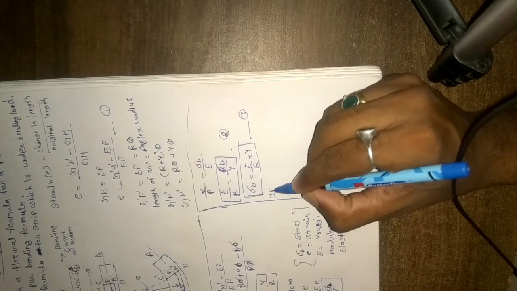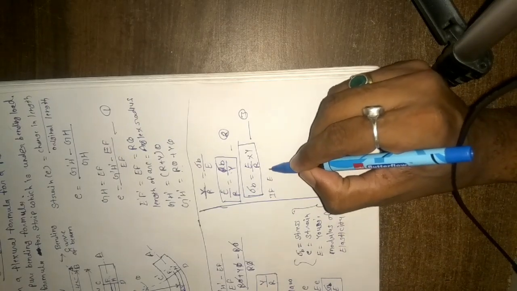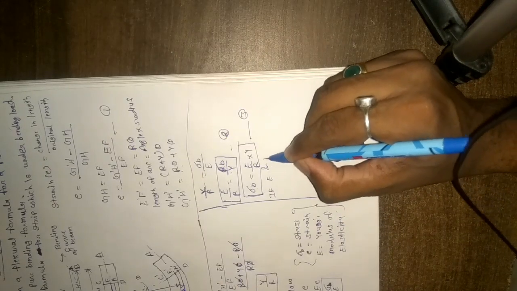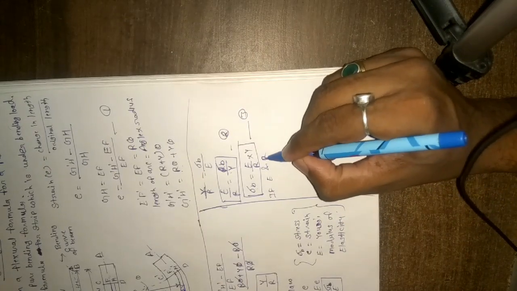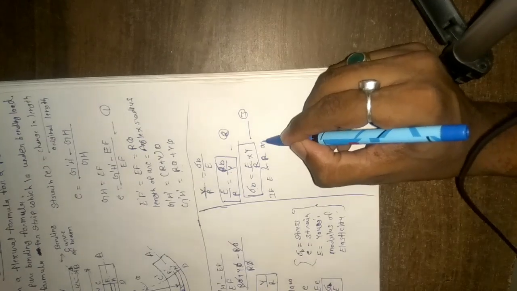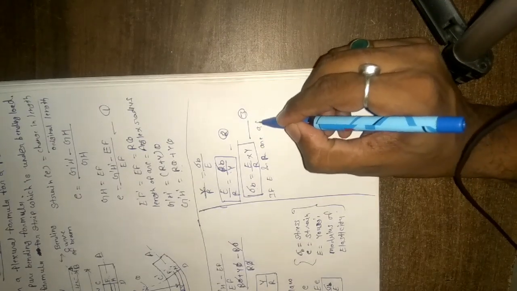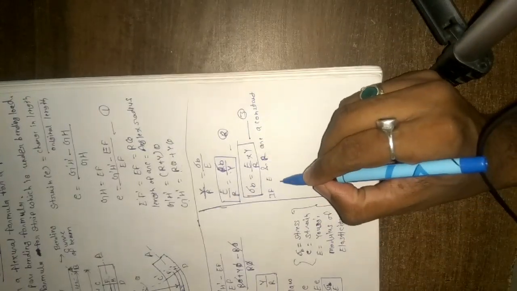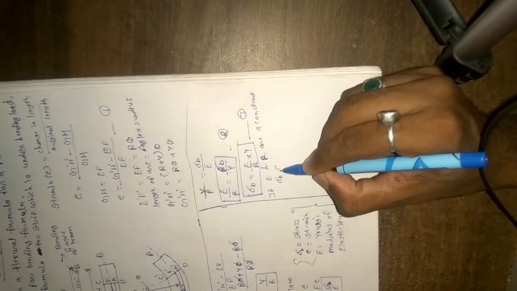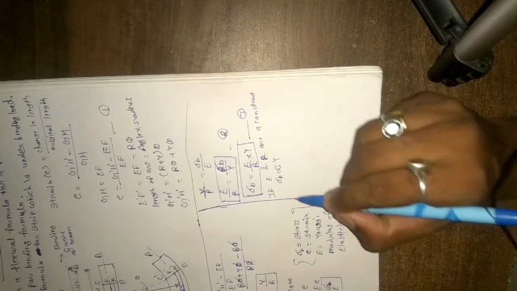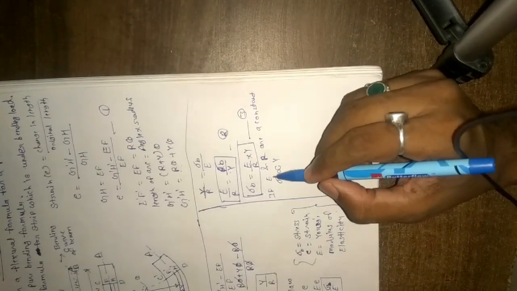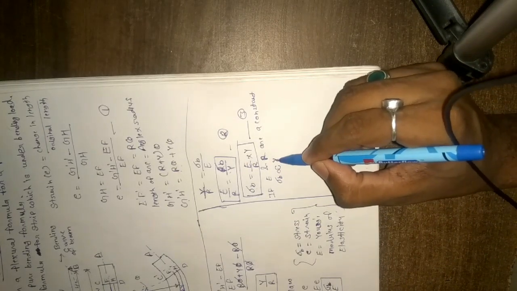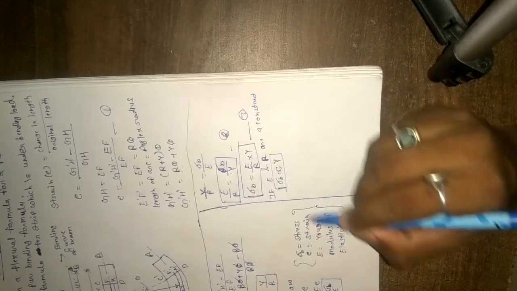If E, which is Young's modulus of elasticity, and R, which is the radius of curvature, are both constant, then bending stress is directly proportional to the layer distance from the neutral axis.